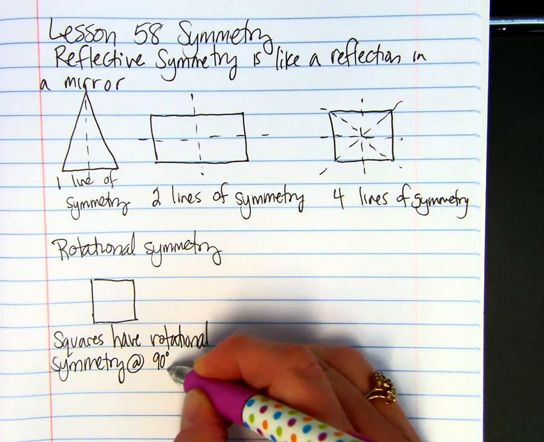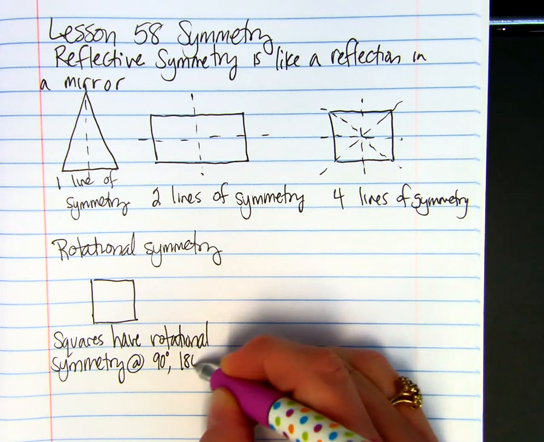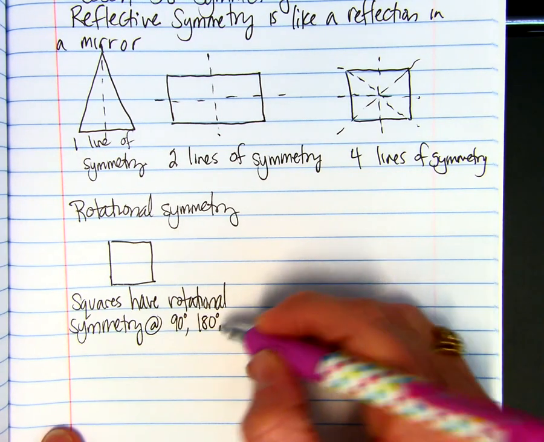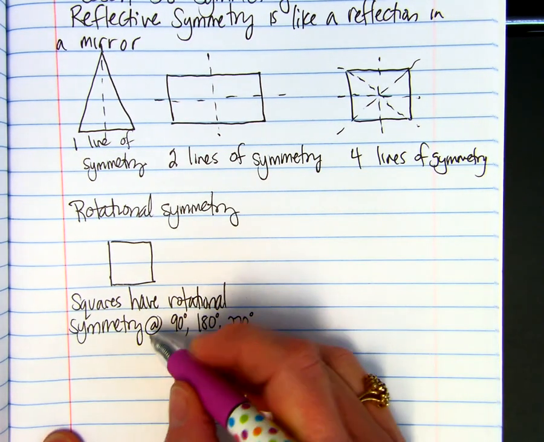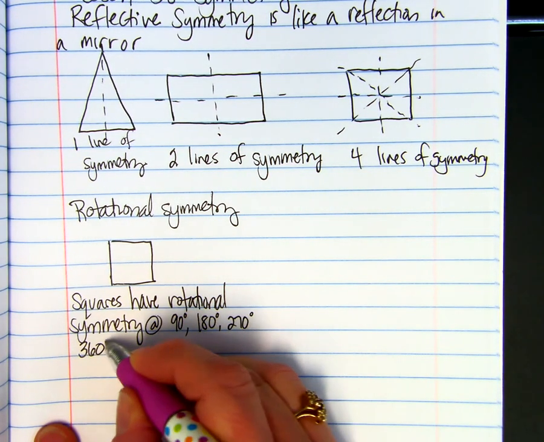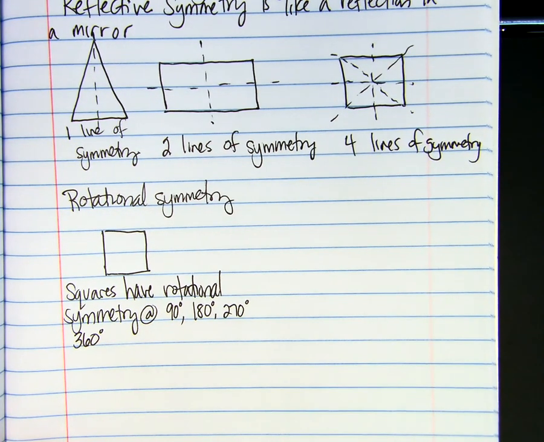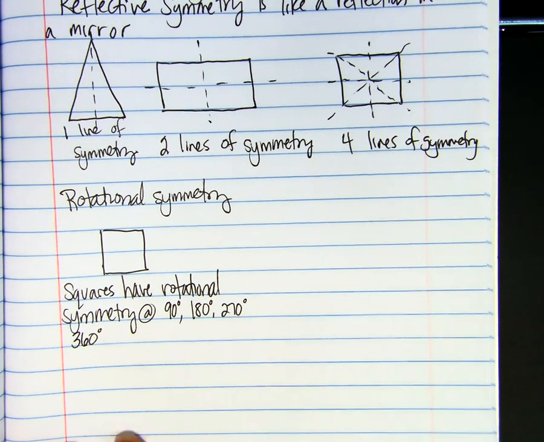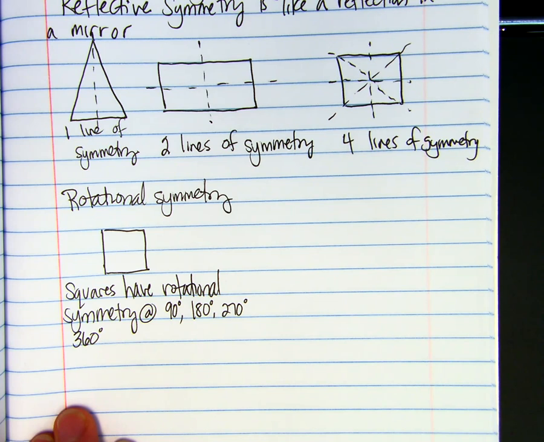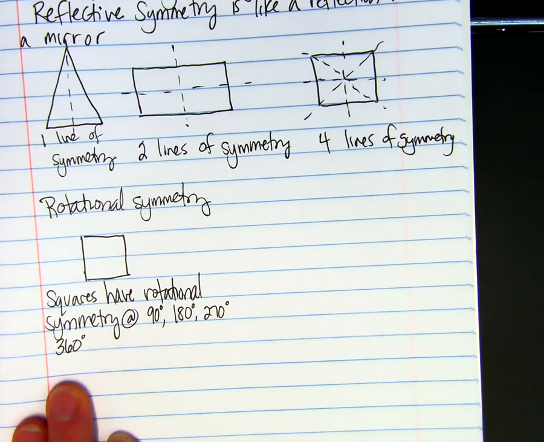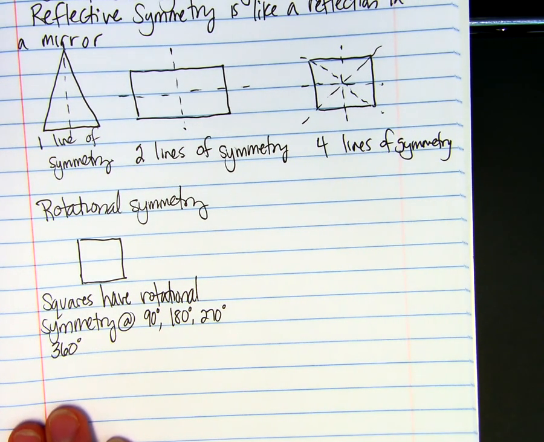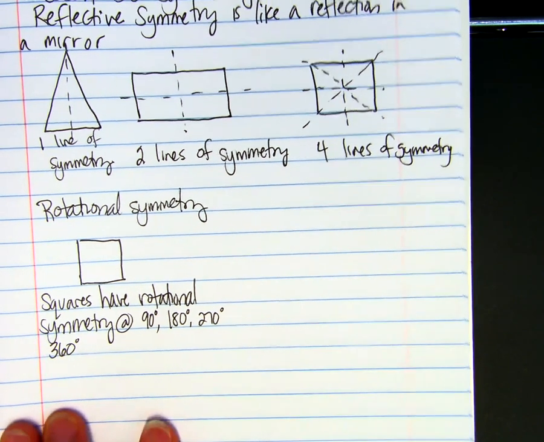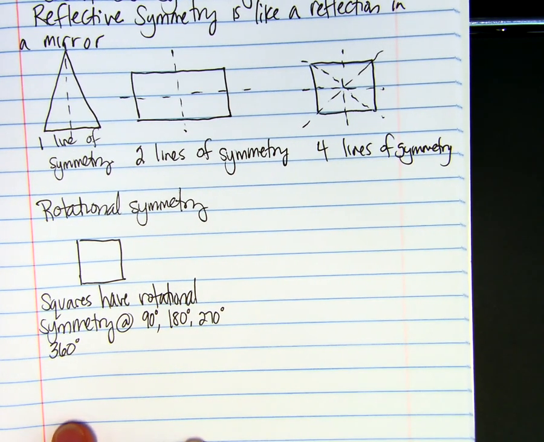At 90 degrees, and then again when you rotate at 180 degrees, and then again at 270, and then again all the way around at 360. So we call this order 4. You rotate it, you see the original shape 4 times when you get right back to the beginning.